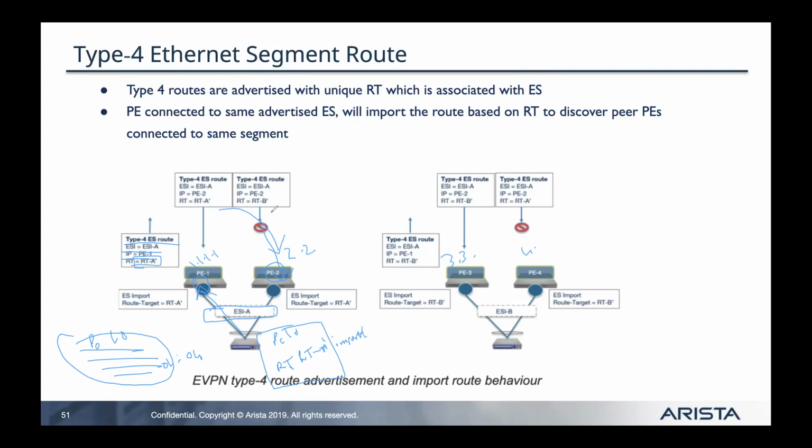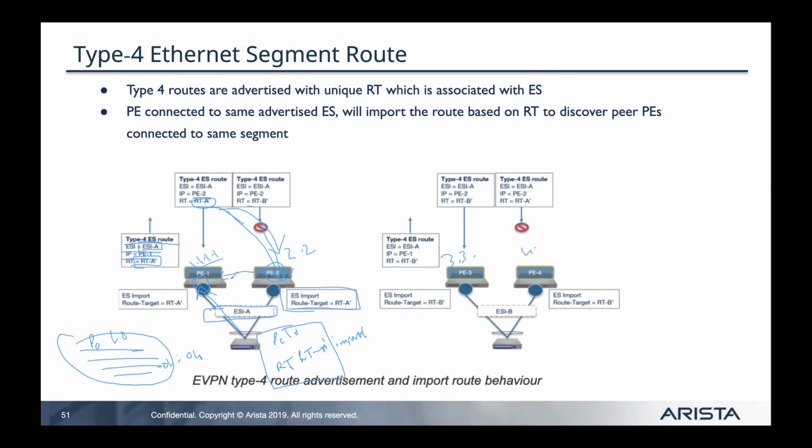So basically when you receive this route target RT-A, you will import it into your table. Then when you check, you see that Ethernet segment A is part of VTAP A 1111, and that is also part of me, right? So you understand, this is my neighbor.